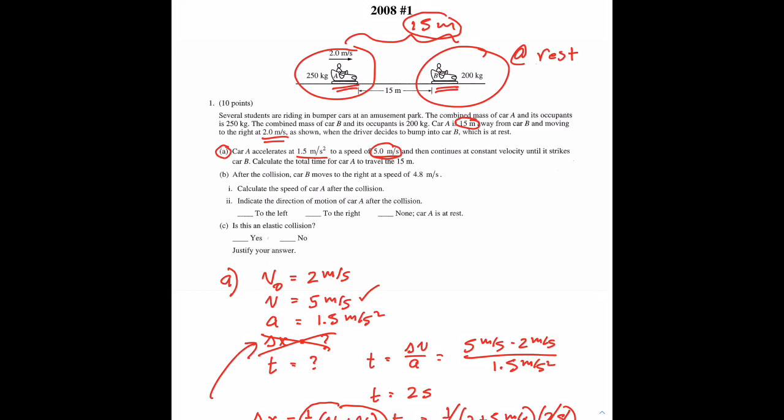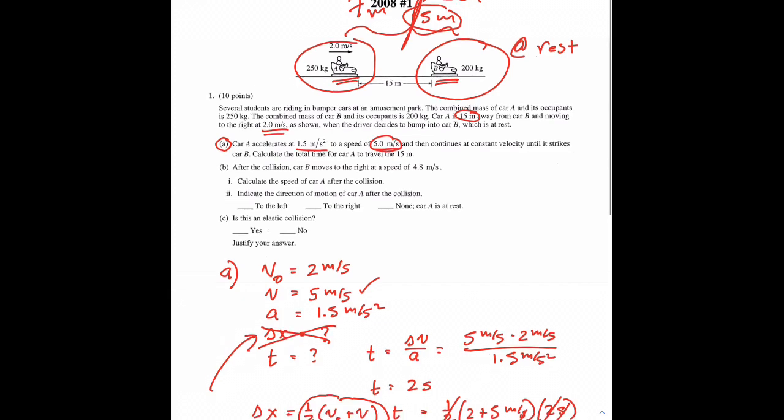So if we look back at the 15 meters of displacement, the first 7 meters require 2 seconds of travel time, and that leaves you with a total of 8 meters at a speed of 5 meters per second. So let's figure out the remaining time.